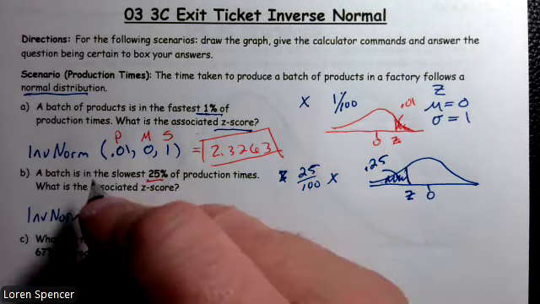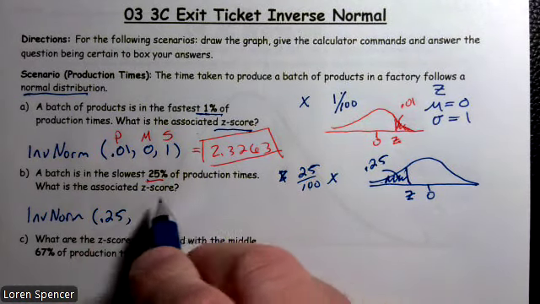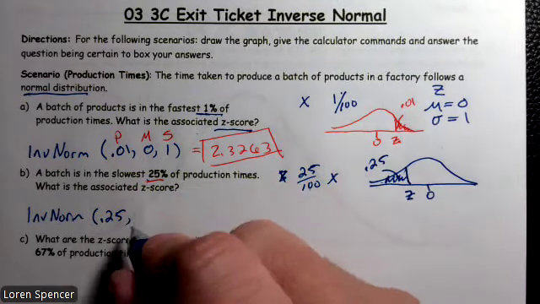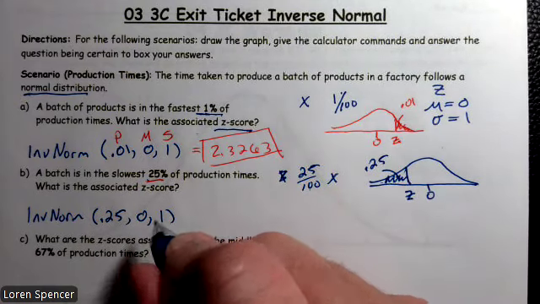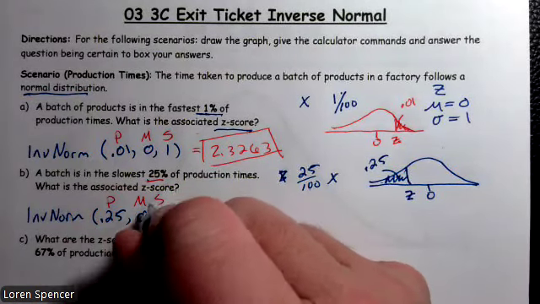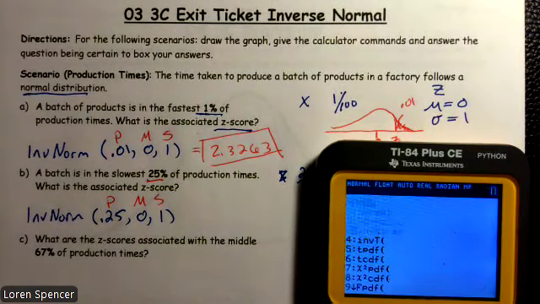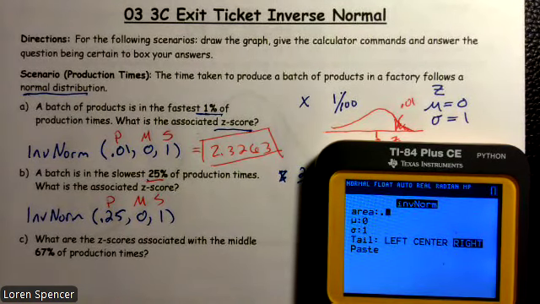So inverse norm, the first thing it's going to ask for is our area, which is 0.25. All Z-scores have a mean of 0 and a standard deviation of 1. So there's our PMS. So second vars, inverse norm, area 0.25, mean of 0, standard deviation of 1.